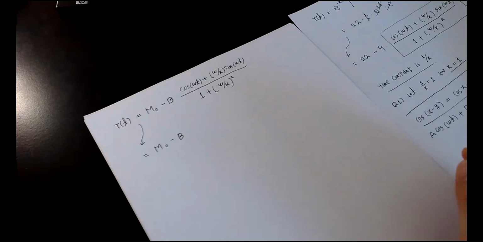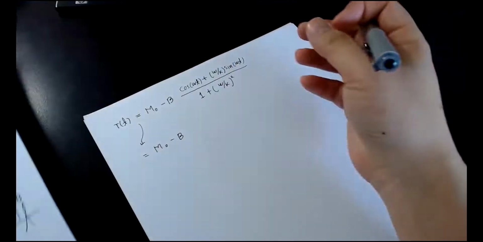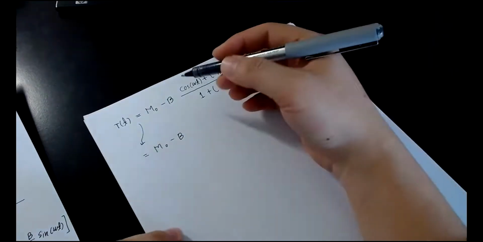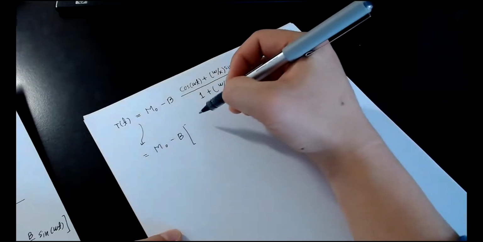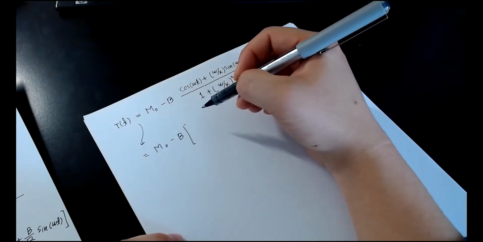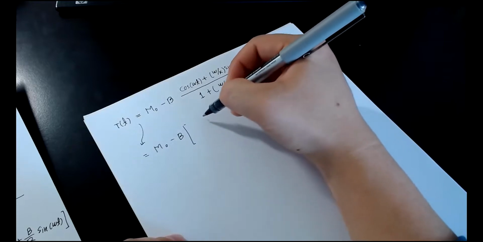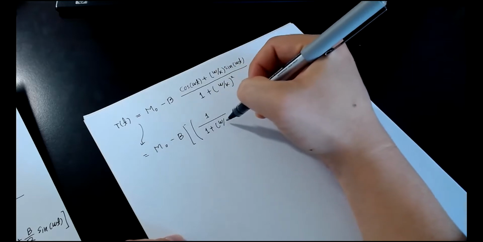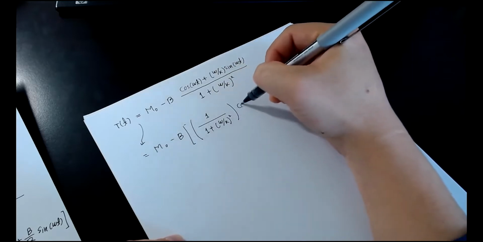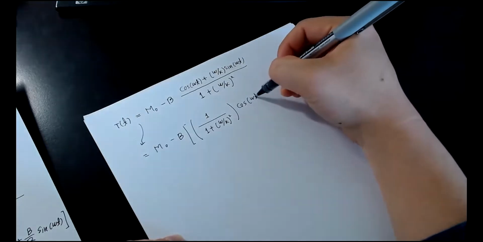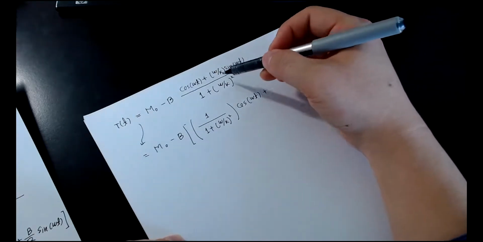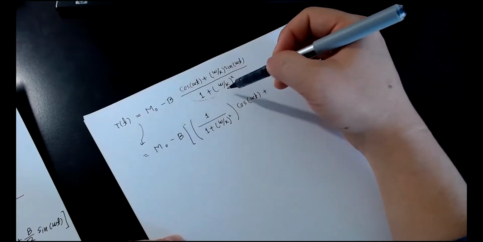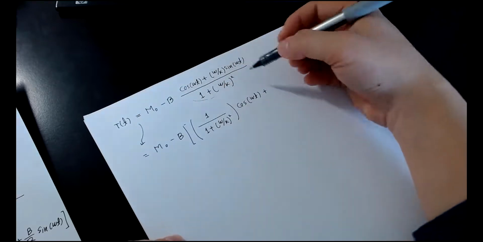It's going to be A and B. So now M0 minus B times 1 over 1 plus omega w over k squared, times cosine wt plus, what I'm doing is I'm just breaking up this fraction into two partial fractions, okay?